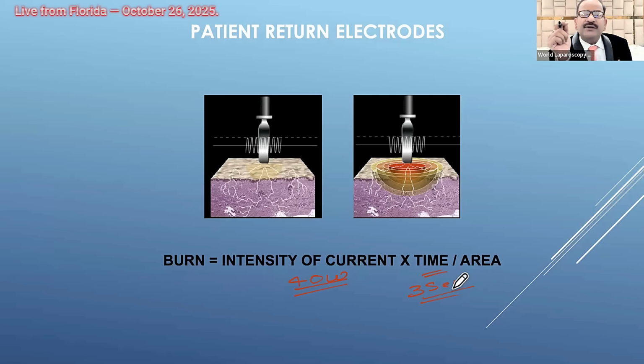But it should not be a continuous 9 seconds, because if you give continuous 9 seconds, there will be burn, and burning will create a lot of smoke, and that smoke is bad. If the temperature is more than 100 degrees centigrade, then the coagulated elastin and collagen get burned. How does coagulation happen? At 55 degrees centigrade protein coagulates, and coagulated protein shrinks, and once it shrinks, the lumen of the vessel also shrinks.